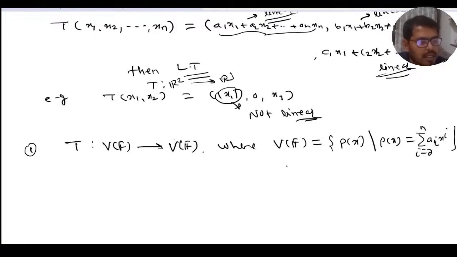It is a polynomial space, and it forms a vector space.